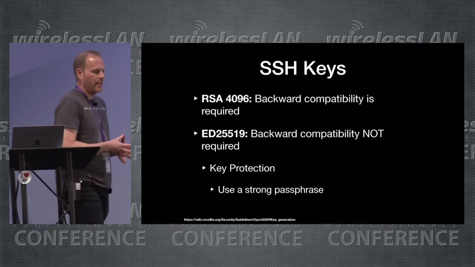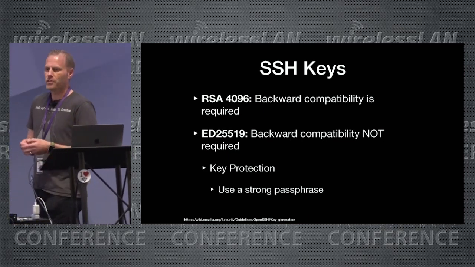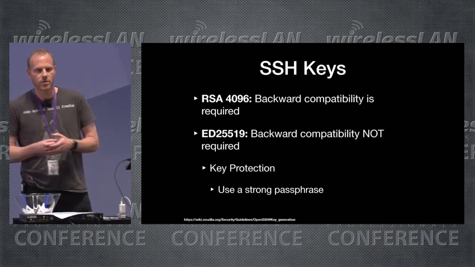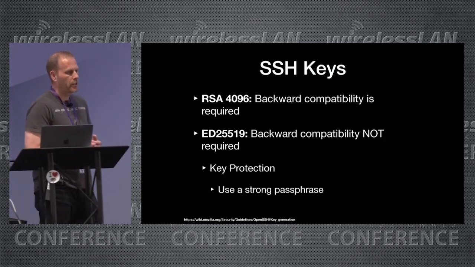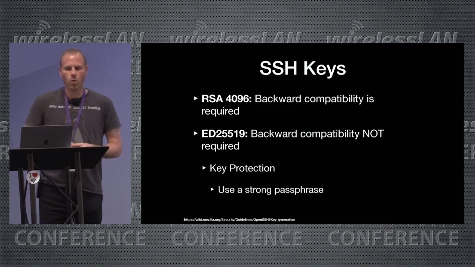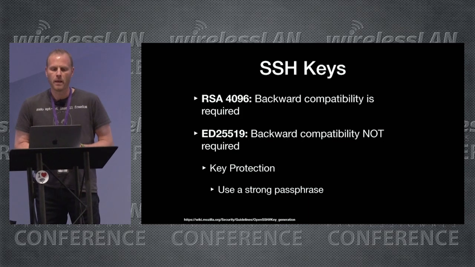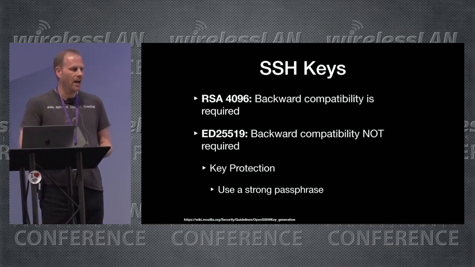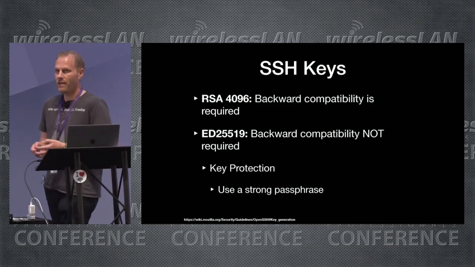When it comes to SSH keys, one of the resources I point to on that resource slide is the InfoSec Mozilla dev page for best practices for SSH. They recommend that if backwards compatibility is a requirement, to use RSA keys that are 4096 in size. If backwards compatibility is not a requirement, use the newer ED25519 keys.